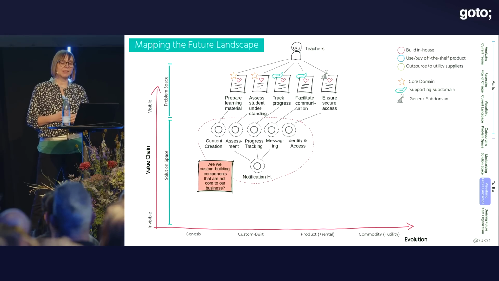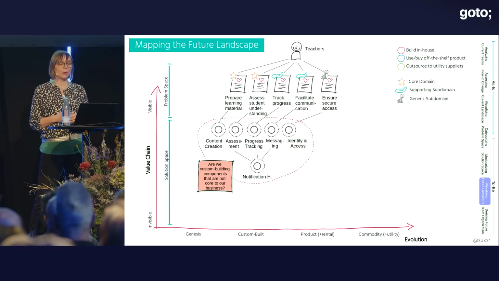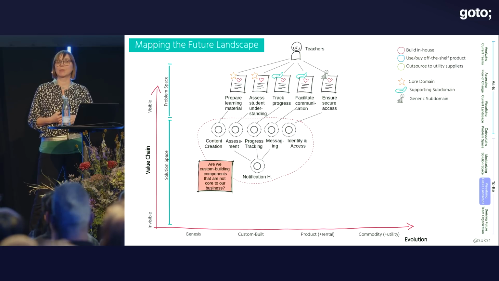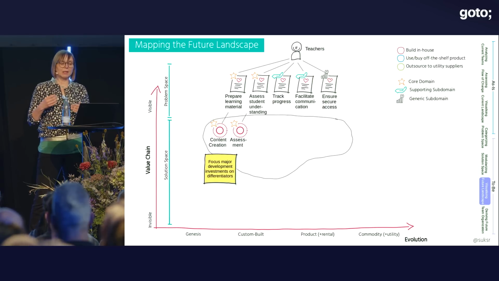And with the previously discovered subdomain types and modular bounded contexts, we can better target our strategic investment by asking questions such as, are we custom building parts of our system that do not belong to our core domain? And that enables us to focus our major development efforts around our core domain related bounded contexts and providing competitive advantage by building them in-house.